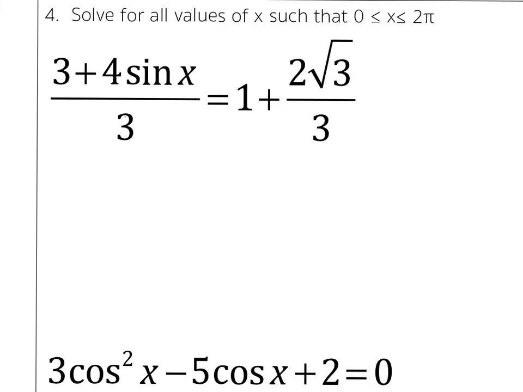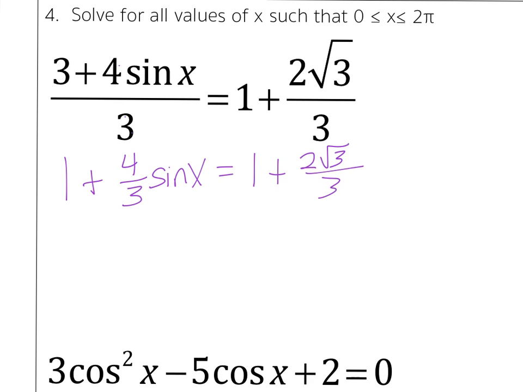So 3 divided by 3, I get 1. 4 divided by 3, I get 4/3 sine x. And on the other side, I'm just going to keep my 1 plus 2 root 3 over 3. Okay, if I subtract 1 from both sides, the nice thing is those pieces cancel out.